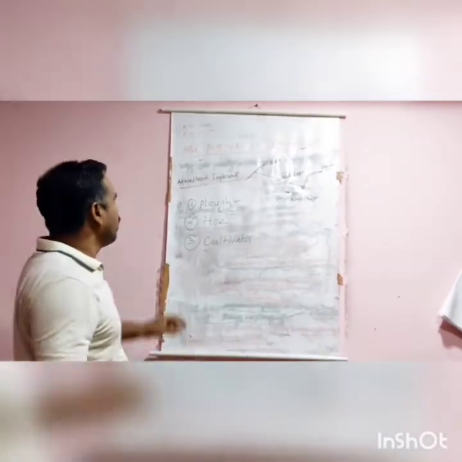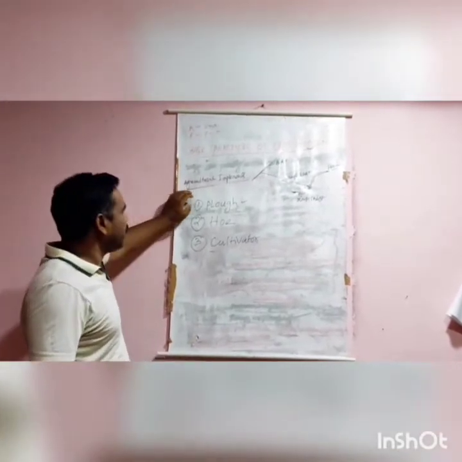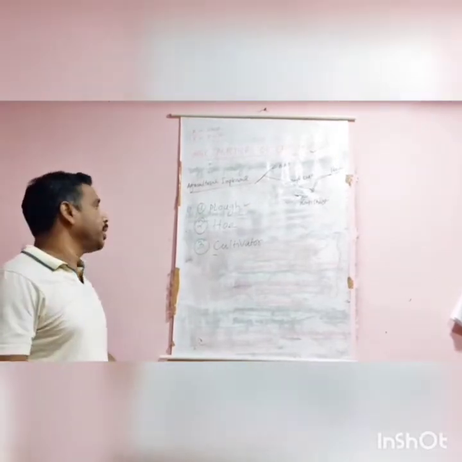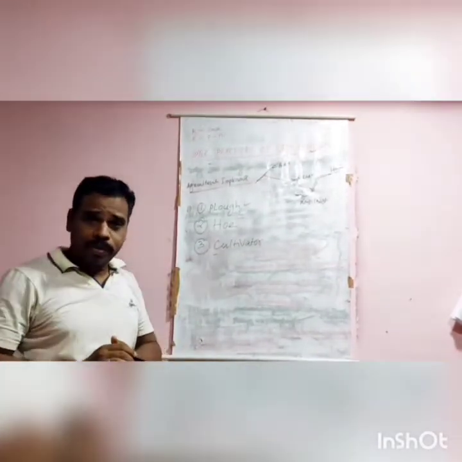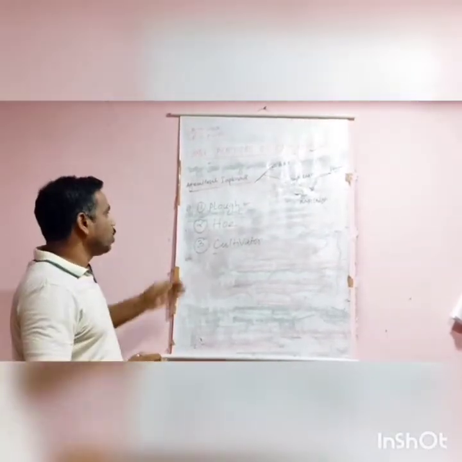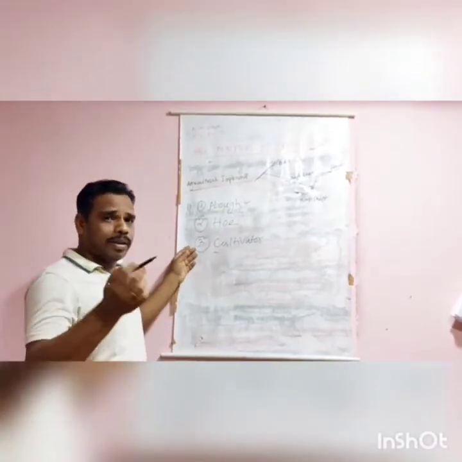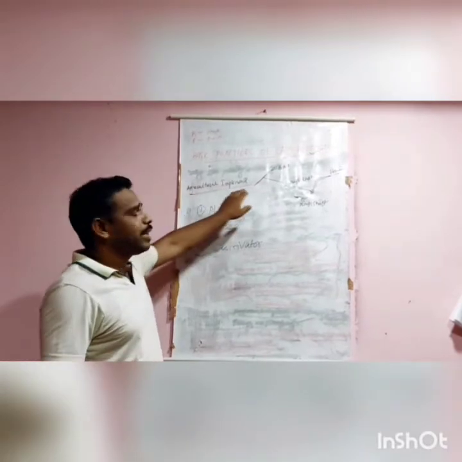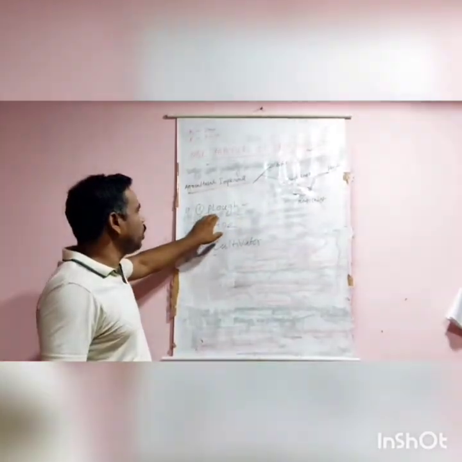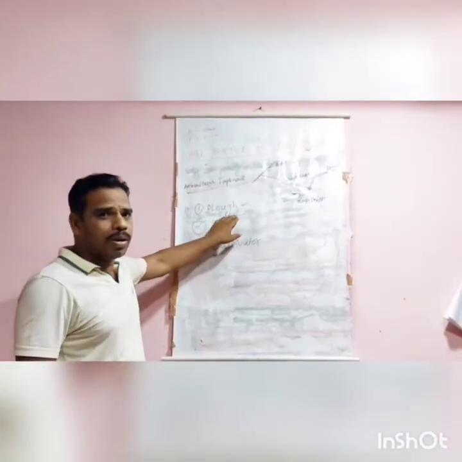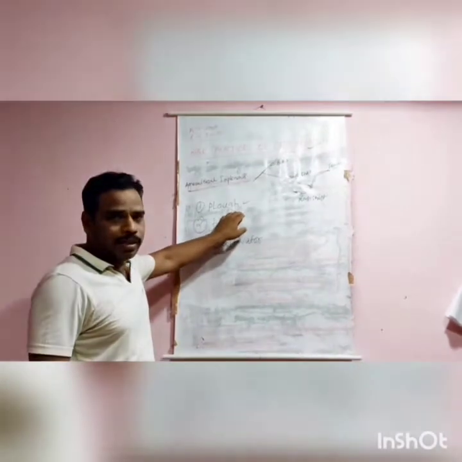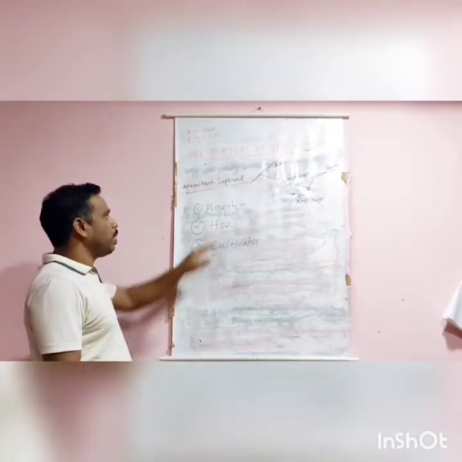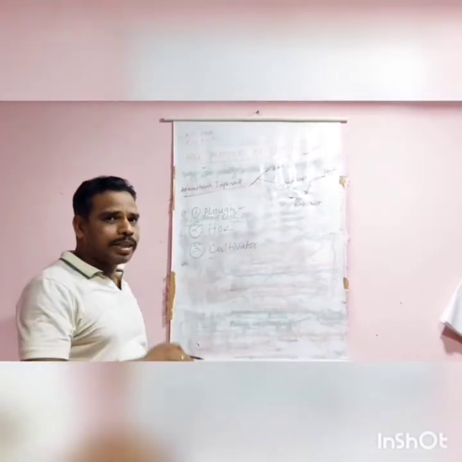Okay students, now we will see what the agricultural implements or tools used in preparation of soil are. We learned about turning and loosening of the soil, now we will see the agricultural implements. The main important tool is the plow. In our agricultural lands we use the plow for turning and loosening the soil.